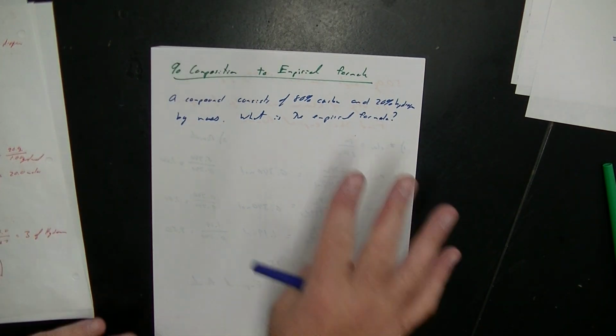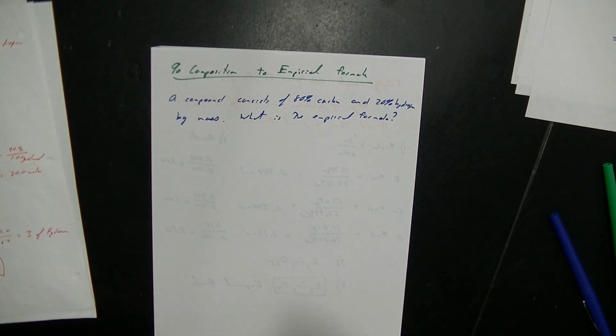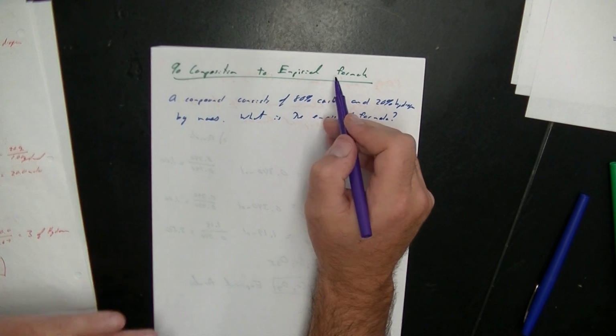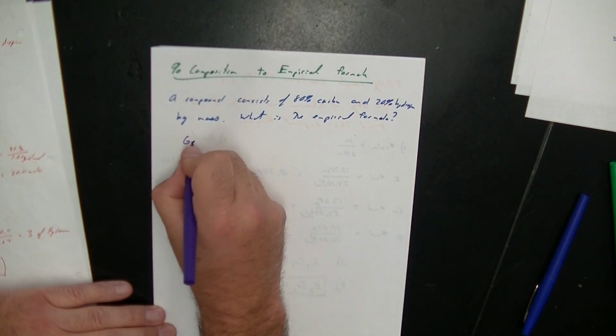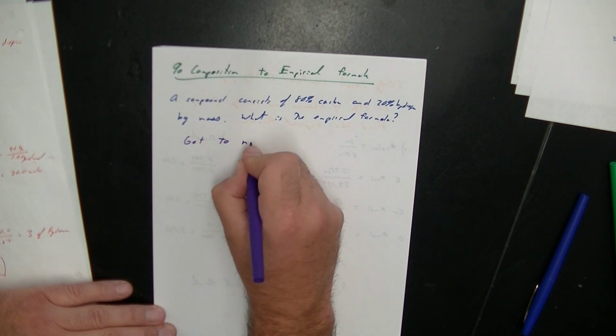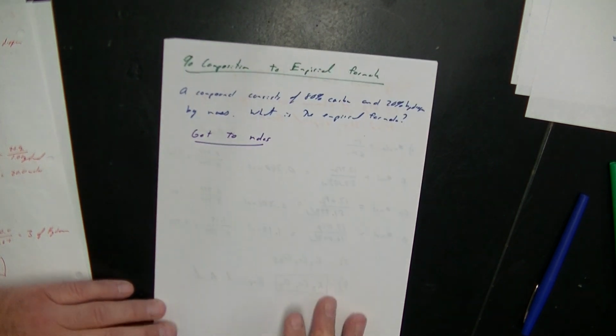Okay, so I'm not given any numbers. There's no numbers here. If we're getting to an empirical formula, I somehow need to get to moles. Remember, that's what we're trying to do. Get to moles.